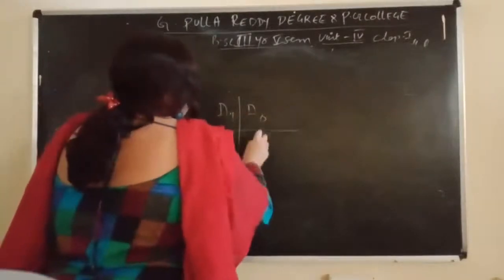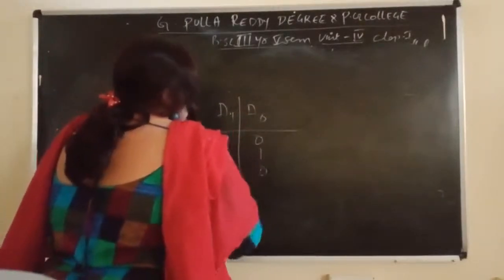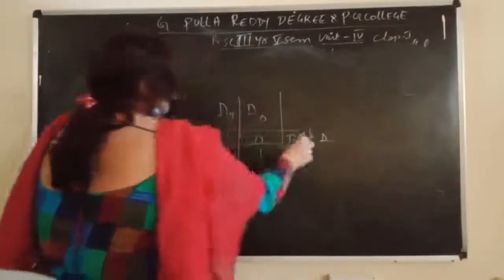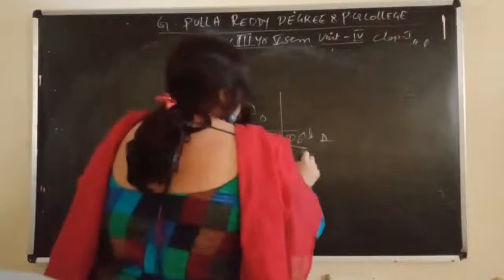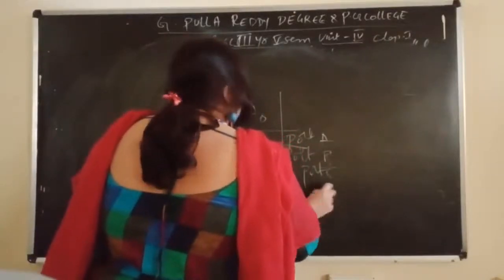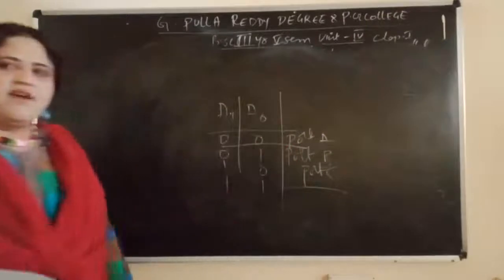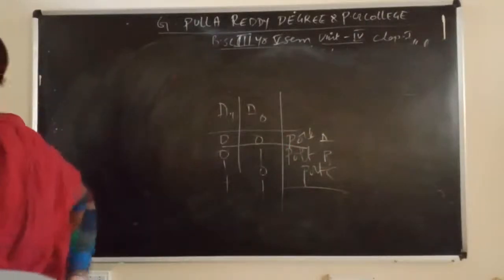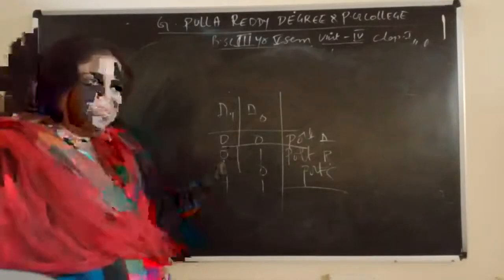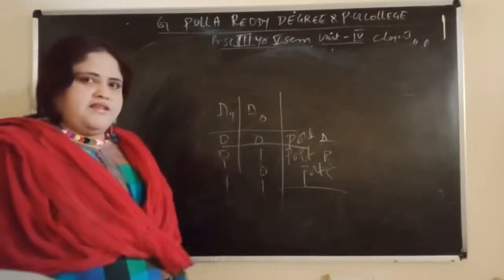The combinations are 00, 01, 10, 11. That means port A for one selection, port B, port C, and what is the next, 11? I will tell you. When these selection pins are 00, port A will be selected.